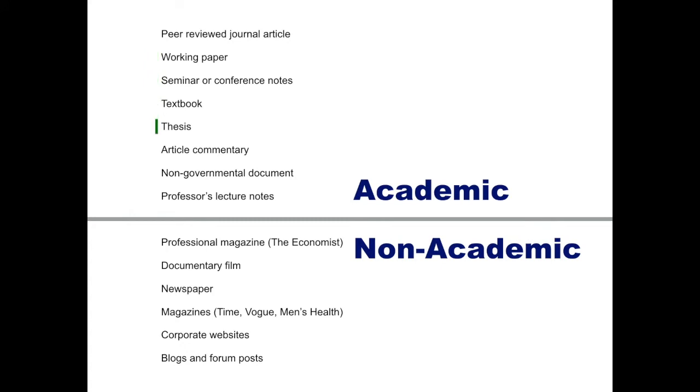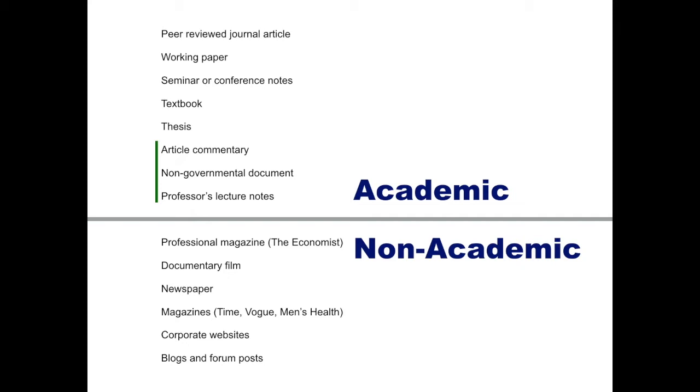A thesis from a PhD or a master's project. These papers have been reviewed by a supervisor. However, they have not been peer-reviewed by other professionals in the field. And then we have article commentaries, non-governmental documents, and the professor's lecture notes.